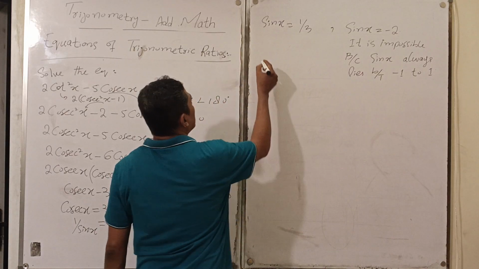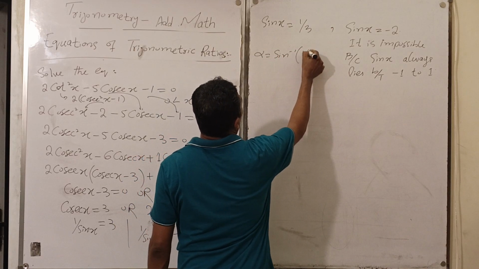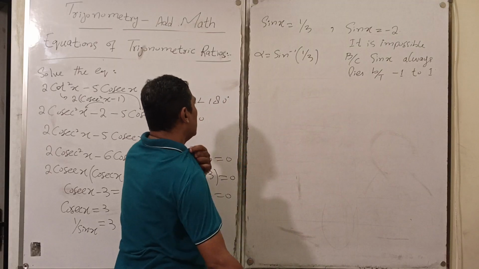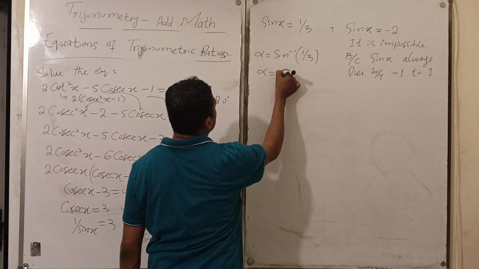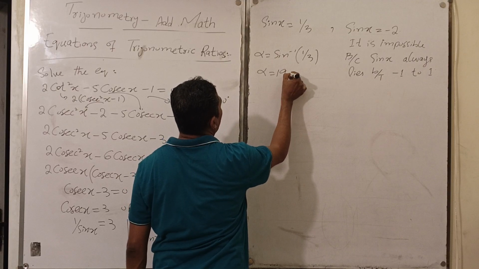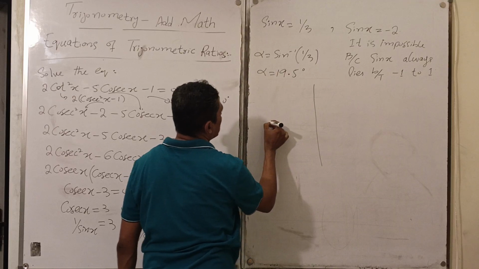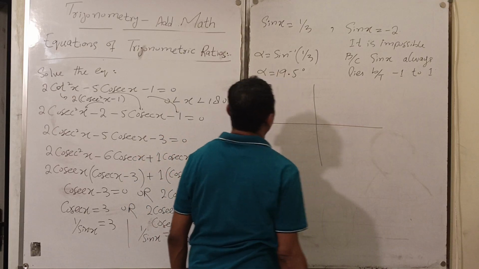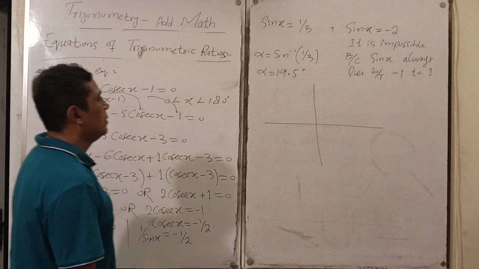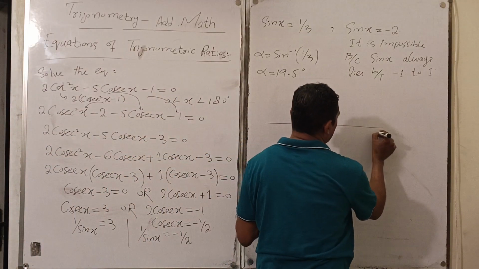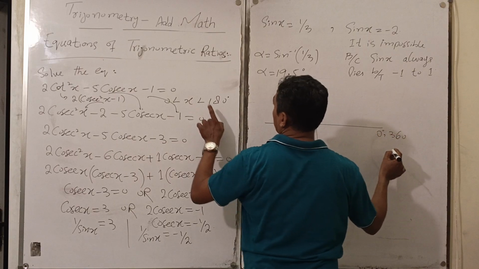Find out this one. What is the value of alpha, sin inverse 1 over 3? 19.5 degree. So बच्चों, first of all sin is positive, yes, so where will it be? First and second. Just mark here complete scaling, okay?